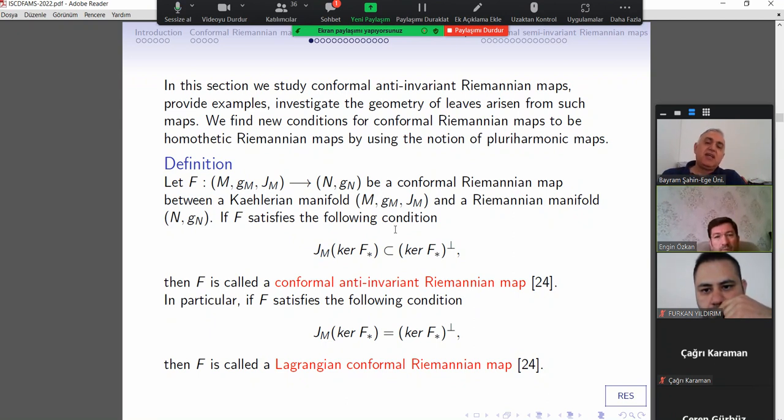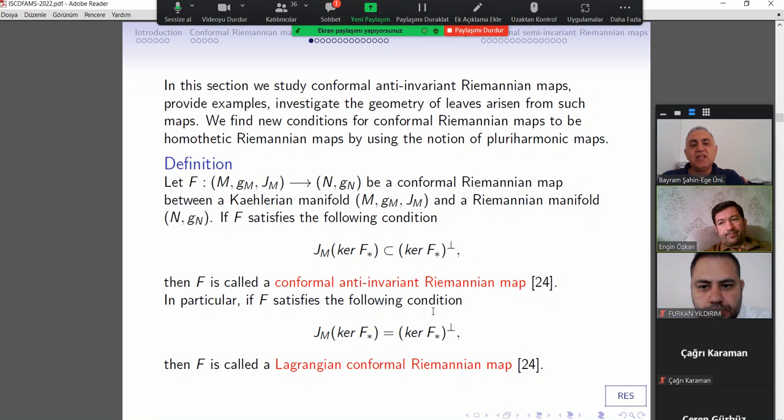So it means you are carrying all vector fields belonging to the kernel F star to the horizontal space. So this one is actually a generalization of the conformal anti-invariant Riemannian submersions. So in the special case, if the dimensions of the kernel F star and the kernel F star perpendicular are the same, then in this case we call it a Lagrangian conformal Riemannian map.